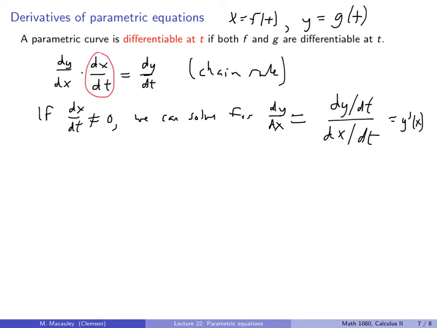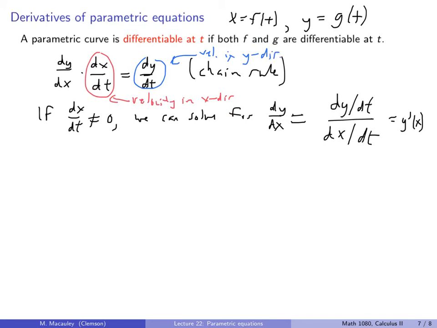This right here is going to be the velocity in the x direction. This is going to be the velocity in the y direction. So this is literally how fast the ant is moving in the x direction, and how fast the ant is moving in the y direction.